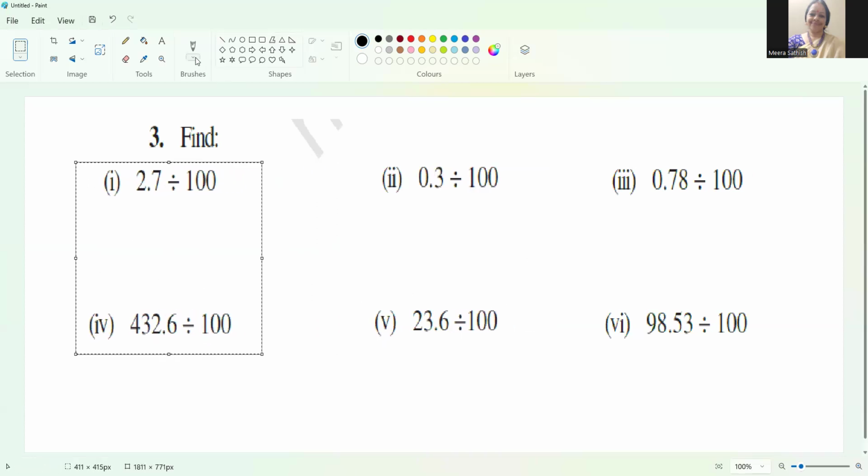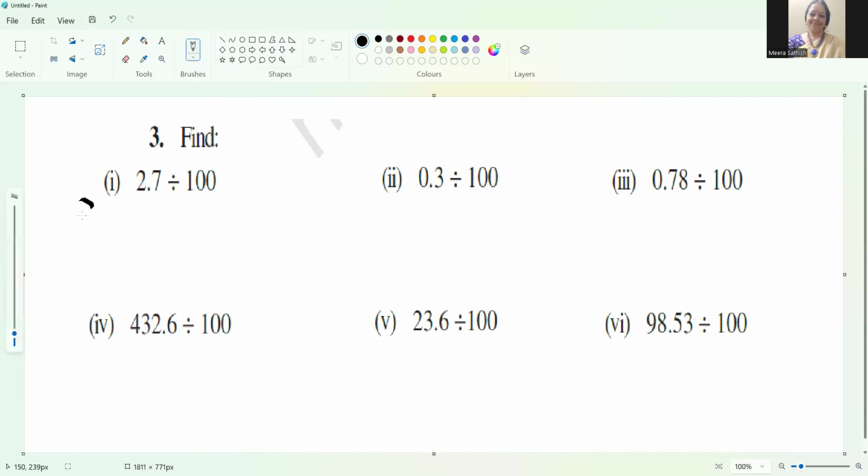So 2.7 by 100. So 1 decimal in the numerator, 2 zeros in the denominator, but total how many decimal places? 1 plus 2, 3 decimal places should be there in the numerator, but we have only 2 digits, so 1 zero will come here. So 0.027.